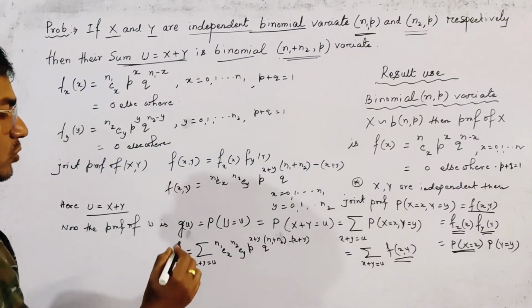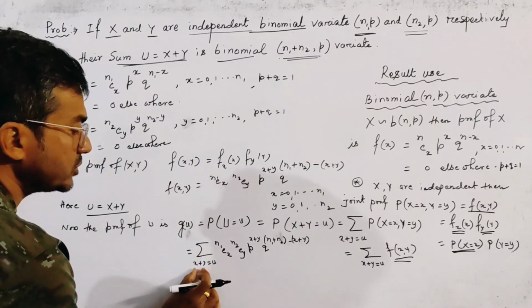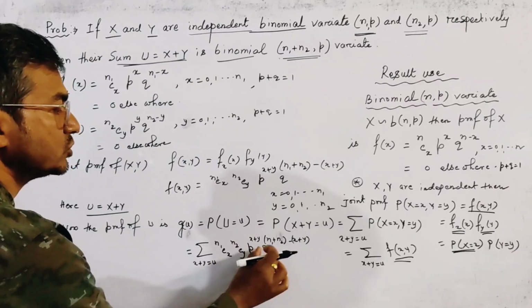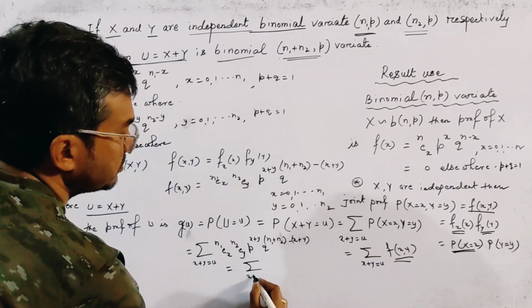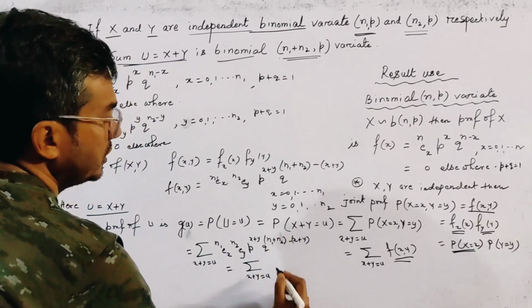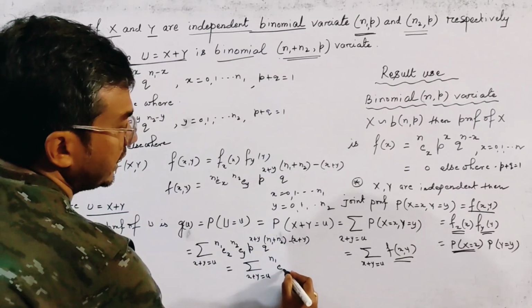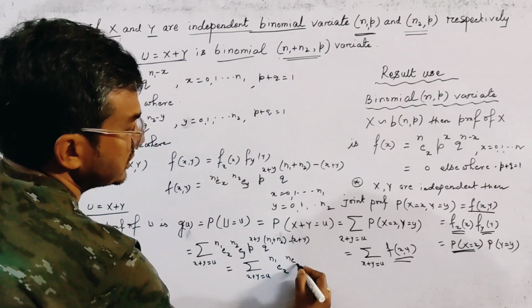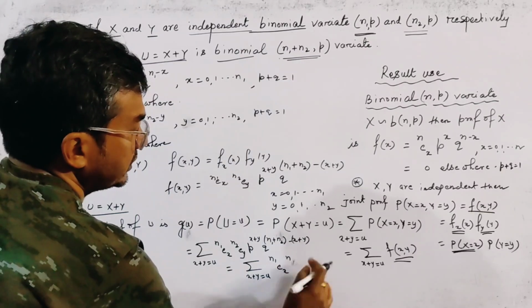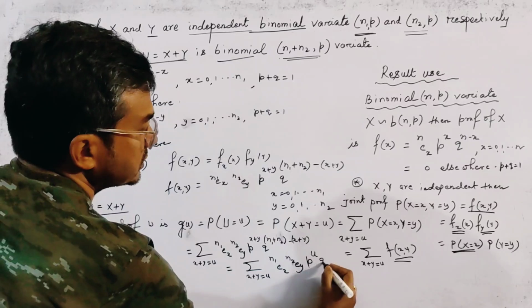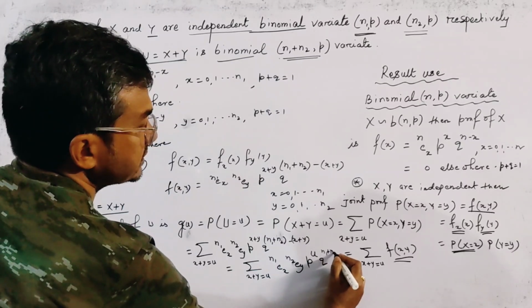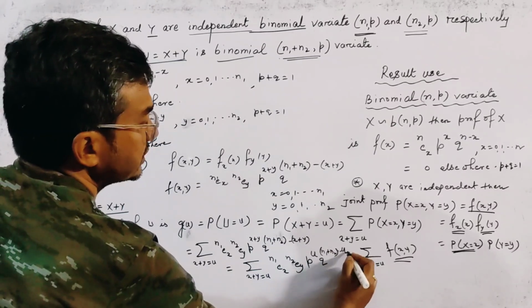Okay, now we put the value of x plus y equal to u here. So we get the summation over x plus y equal to u of n1Cx, n2Cy, p to the power u, q to the power n1 plus n2 minus u.